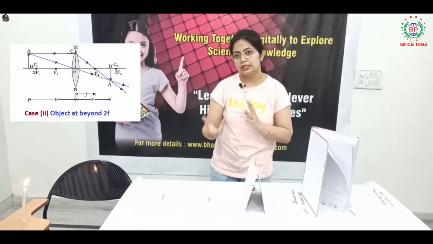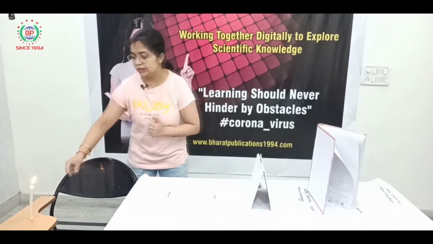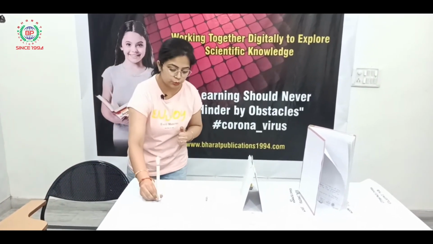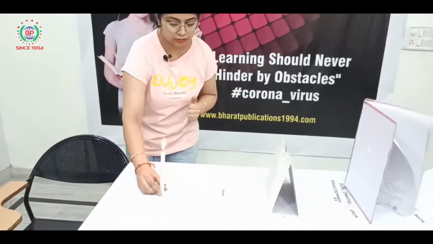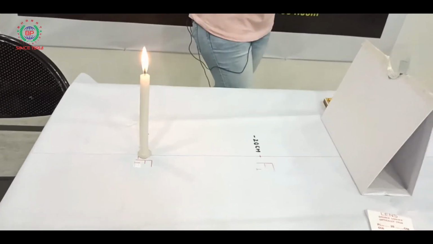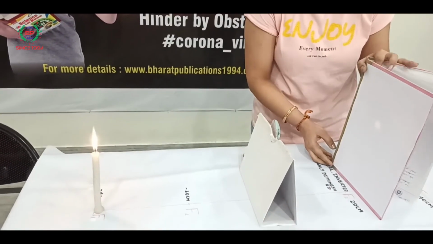Okay. Now next, again change the position of the object. Now I am placing the object at 2F1. Again I am changing the position of the screen to get the clear image.